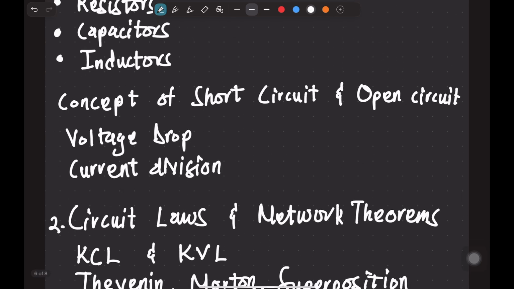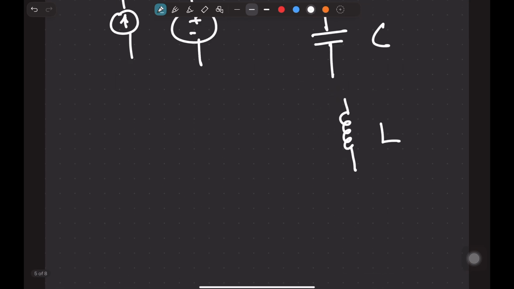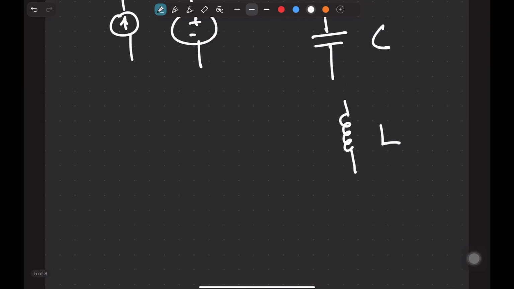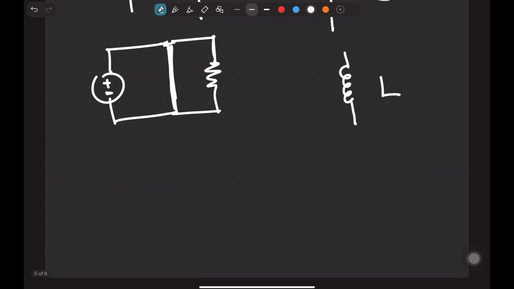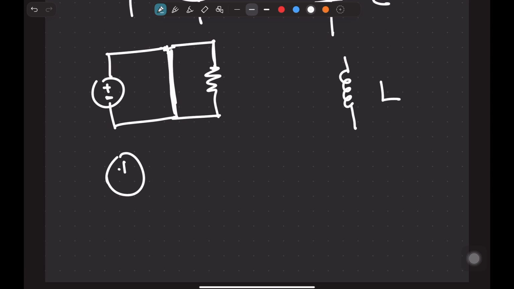Then we move to the concepts of short circuit and open circuit. And the concept of open circuit.